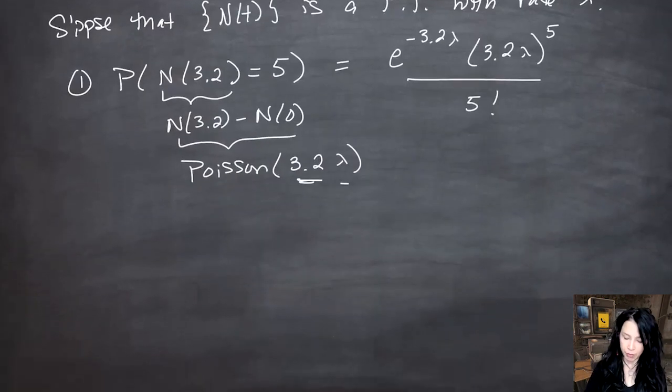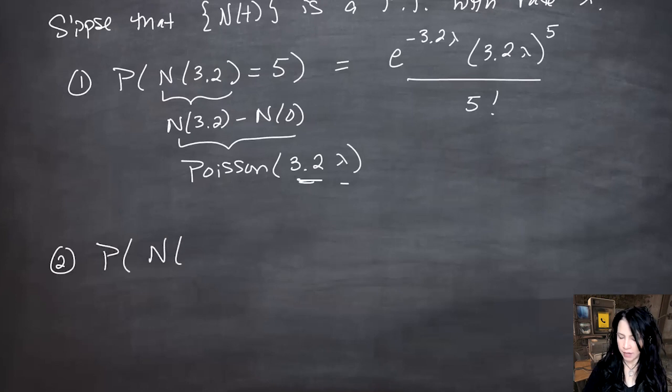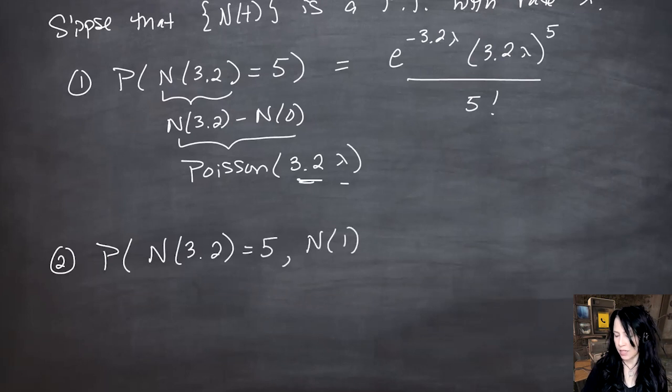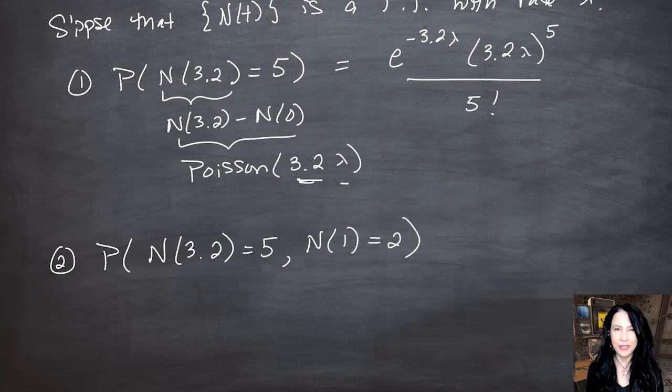Let's do a joint probability. What is the probability that N of 3.2 is 5 and N of 1 is 2? At first, this may look like we're going to have a problem without an initial distribution, but we do kind of have an initial distribution.